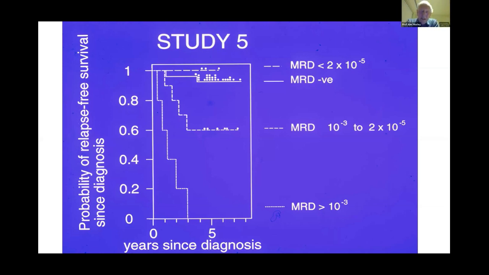Then we studied standard risk patients and grouped them by their MRD levels. There was a highly significant effect of the level of MRD on predicting long-term survival. And this study was predicted some years later by the larger studies from Van Dongen and Carvey.